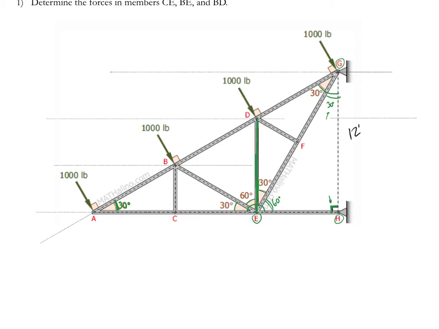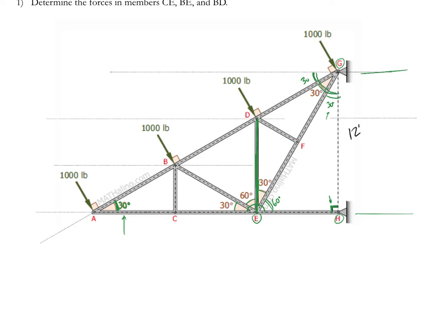Let's see, what else can we do? We need some more angles, some more things that are going to be useful for us. We're going to use the fact that this is a 30-degree angle right here. That means this is an alternate interior angle, since this line here and this line here are parallel. So this is a 30. We also could have gotten that by noting that these 3 have to add up to a right angle.